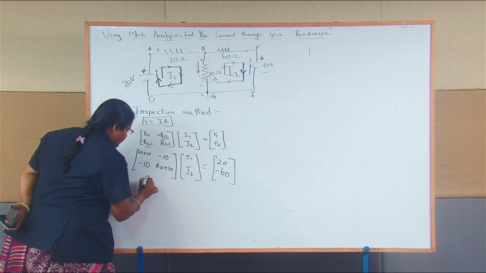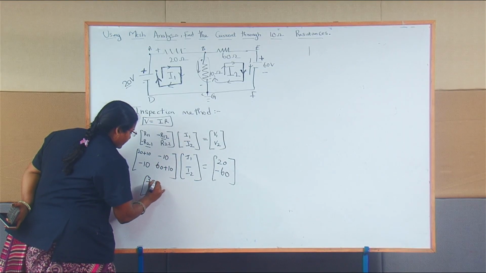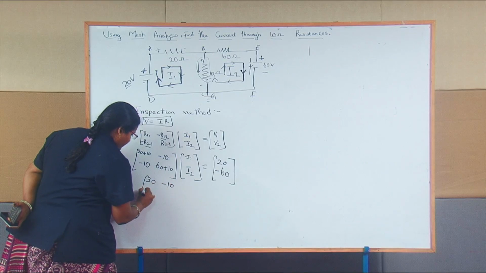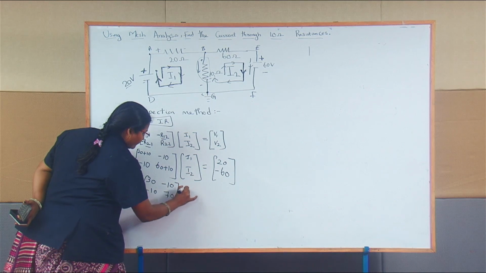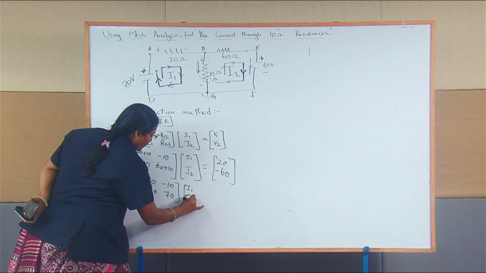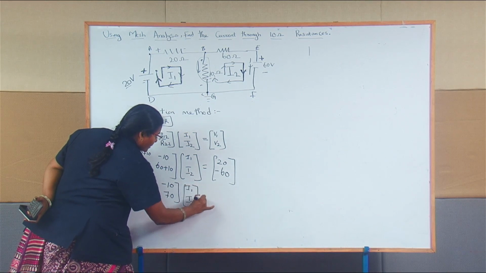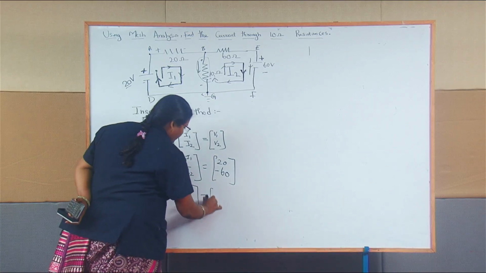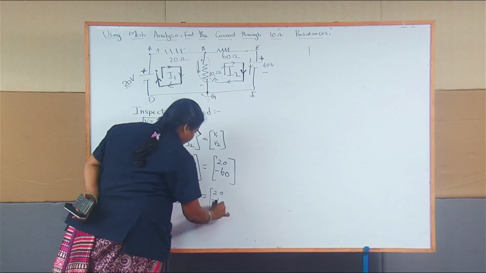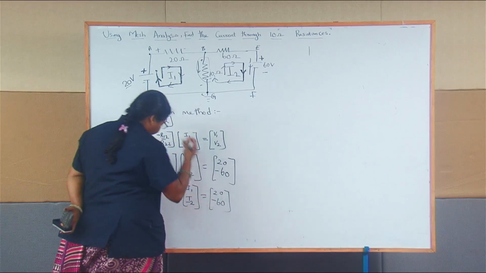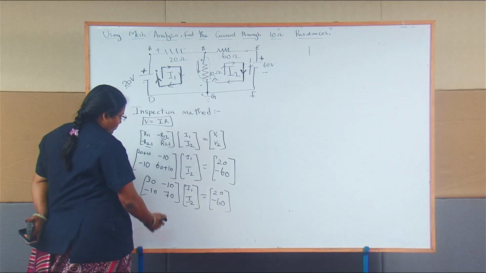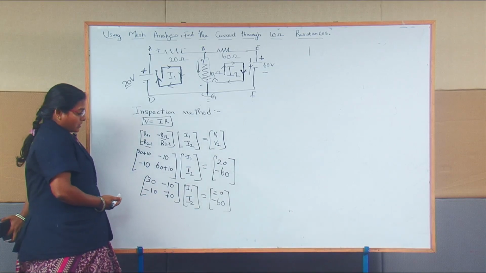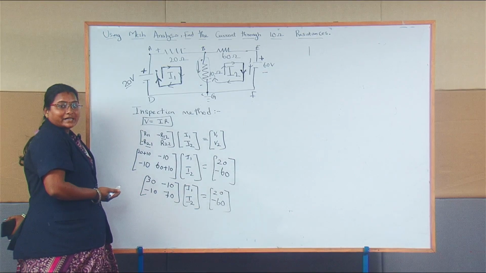So 20 plus 10, 30, minus 10, minus 10, here it becomes 70, times I1, I2, equal to 20, minus 60. Using this matrix, you can form the equations, and you can also use Cramer's rule.